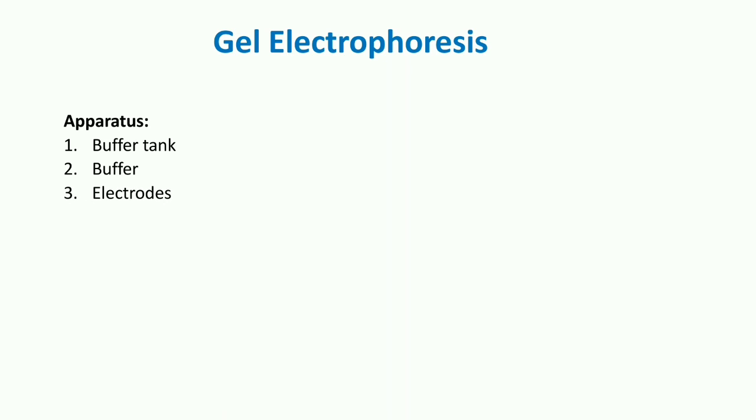We require two electrodes, that is an anode and a cathode. These electrodes are usually attached to a power pack or power supply. For a standard agarose gel electrophoresis, a voltage of 5 volts per centimeter of gel is applied. We also use different support media.